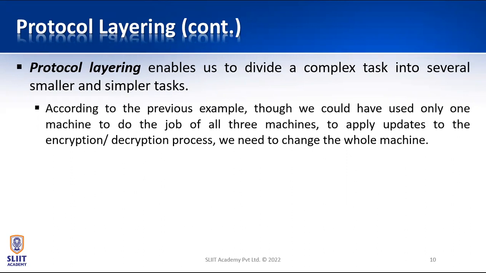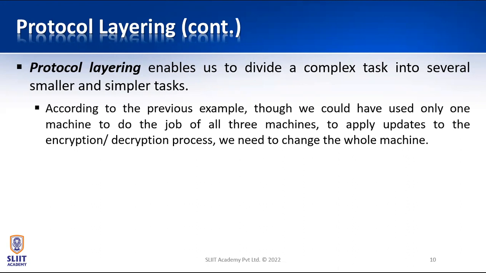Now, what does the term protocol mean? The term protocol actually means rules, and we'll come to the rules and see. According to the previous example, we could have used only one machine to do the job of all three machines. To apply updates to the encryption or decryption process, we would need to change the whole machine.